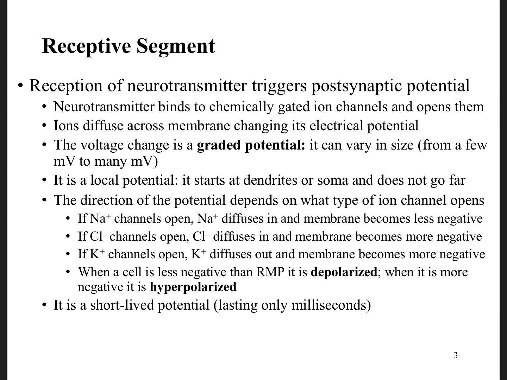Okay, so here we talk about the change in a graded potential that can vary in size. Okay, it is a local potential. It only happens in that part of the membrane. Does that make sense? Another example of a local potential are the potentials in the motor end plate, the end plate potentials, right?